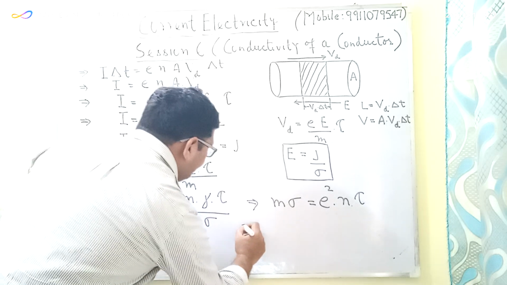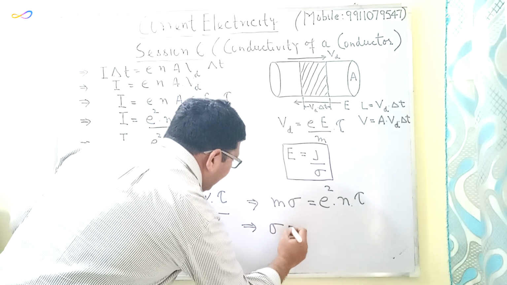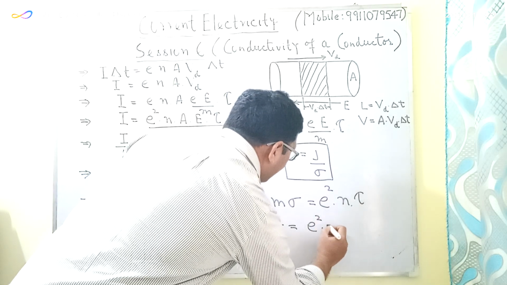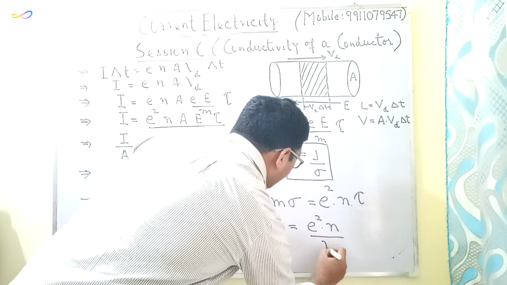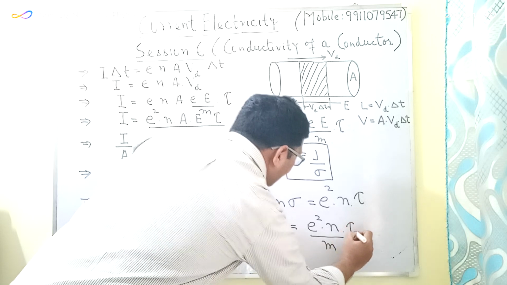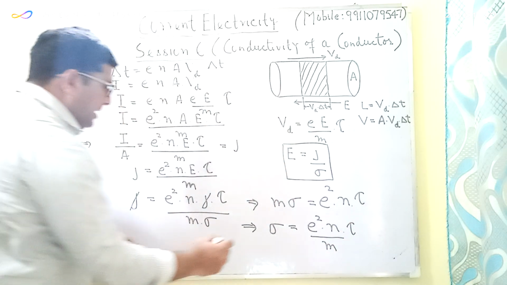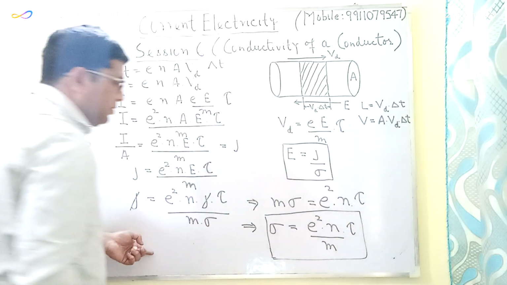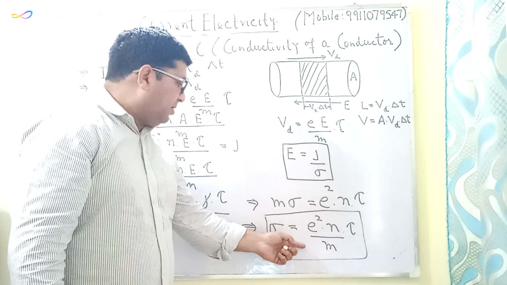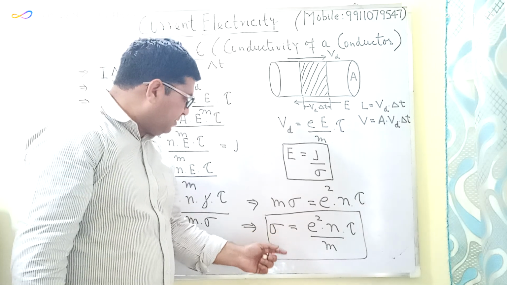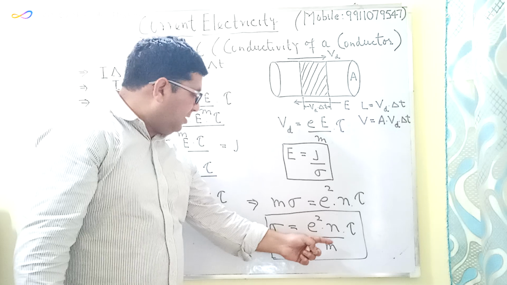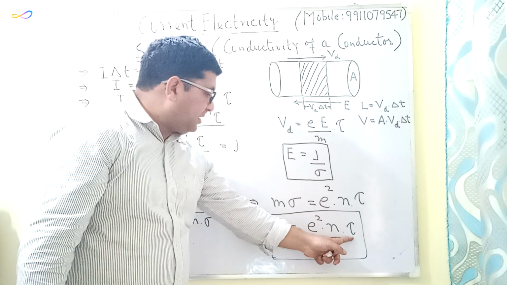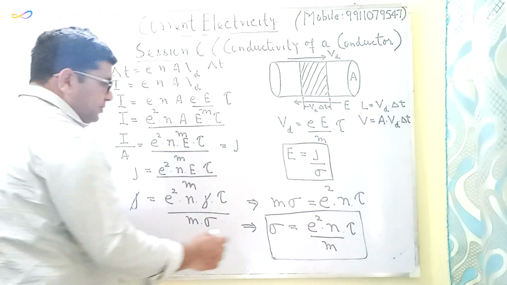So it implies that the conductivity of a conductor can also be written as e square N tau upon m. This is an important relation, and everyone should know it. It is the relation between the conductivity of a conductor and the relaxation time.